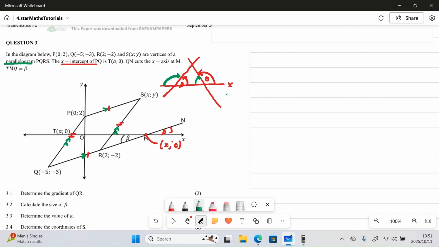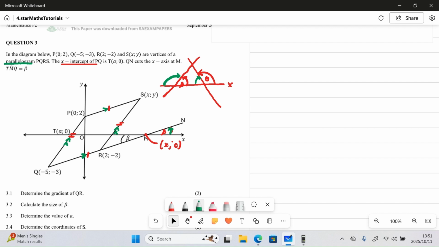So the red ones are the angles of inclination. That is why I'm saying this angle beta is the angle of inclination, because it is measured from the x-axis anti-clockwise to the line. Meaning if they say calculate the size of beta, I'm going to find the angle of inclination of QN.